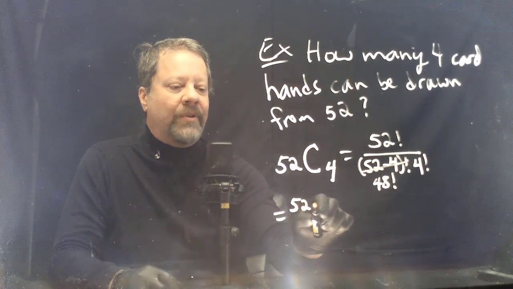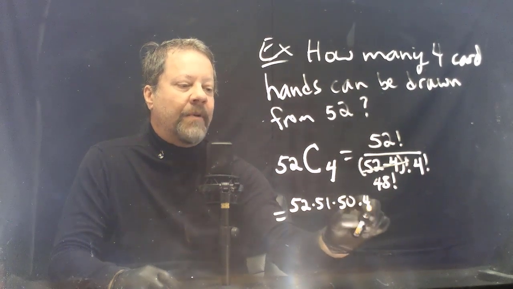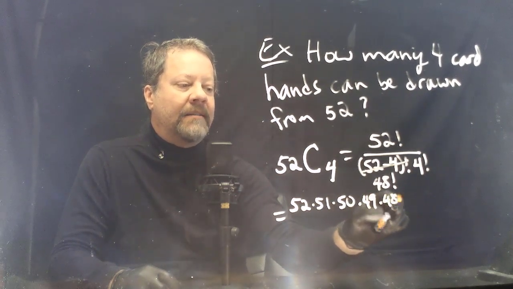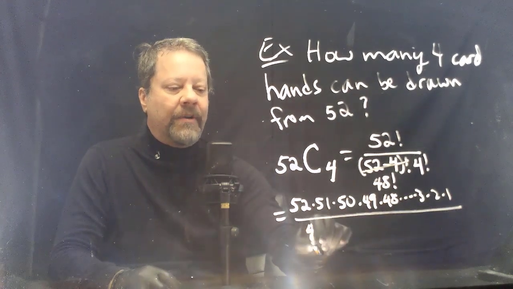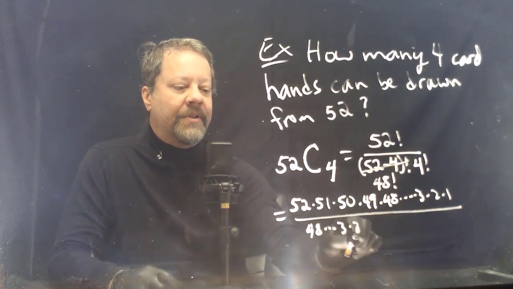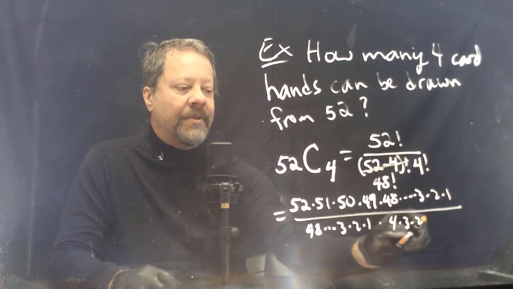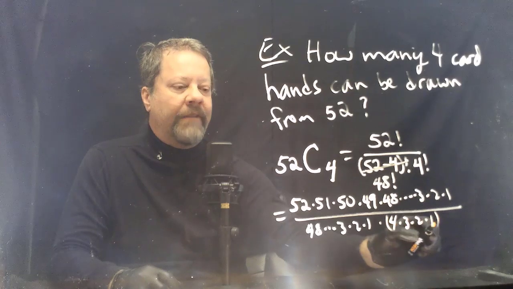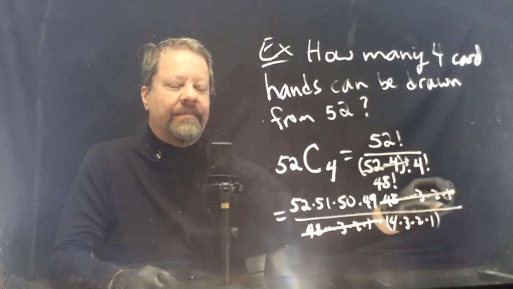52 factorial is 52 times 51 times 50 times 49 times 48, 3, 2, and 1. 48 factorial is 48 times 3 times 2 times 1. And then we have this 4 factorial, which is 4 times 3 times 2 times 1, which is 24. All of those cancel with all of those.